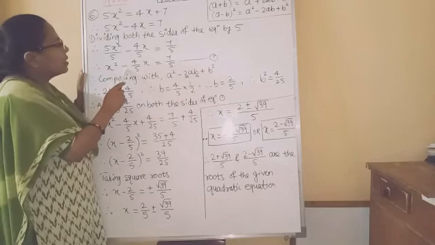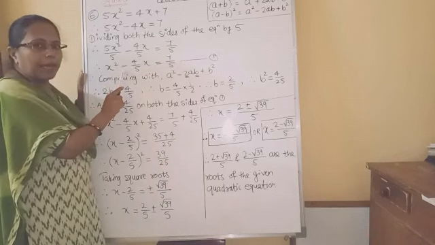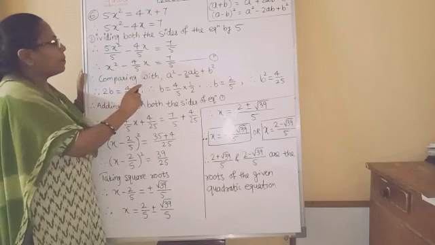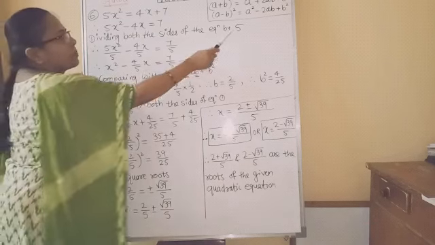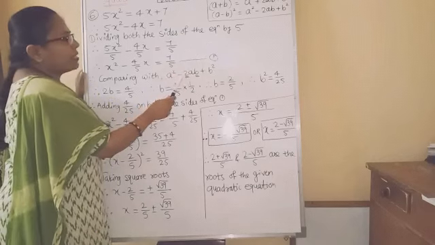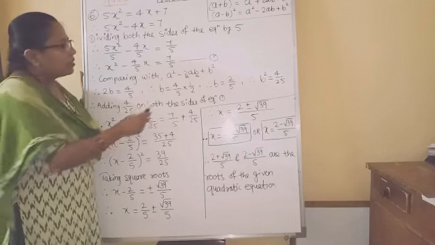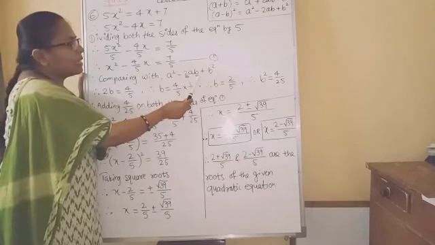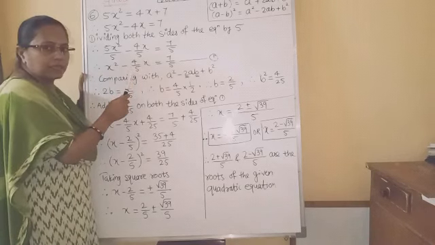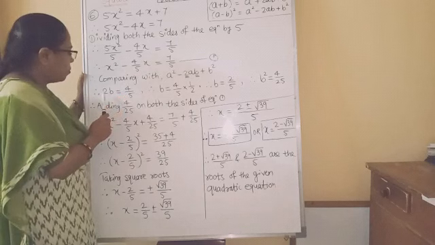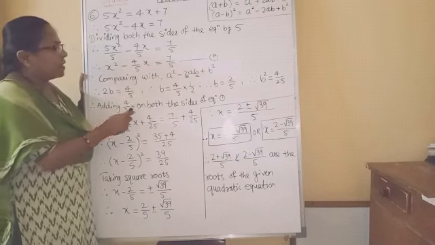Now, here the x variable term is having sign minus. So we will compare this left hand side of the equation with expression a square minus 2ab plus b square. So here the value of 2b is equal to the coefficient of x. So 2b equal to 4 upon 5.